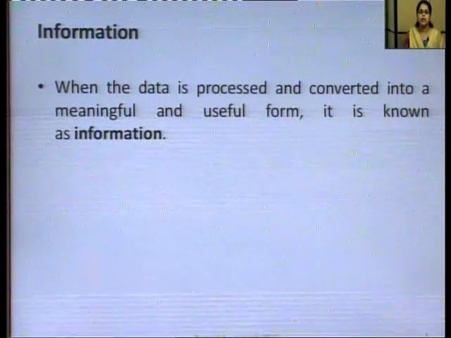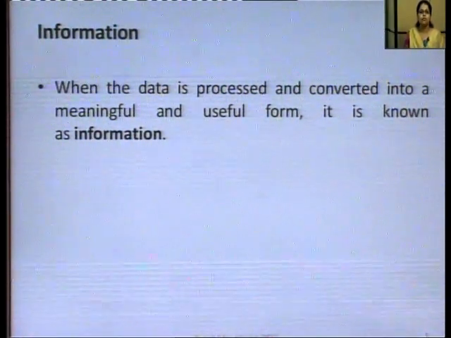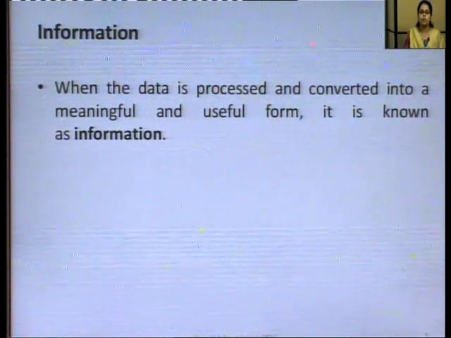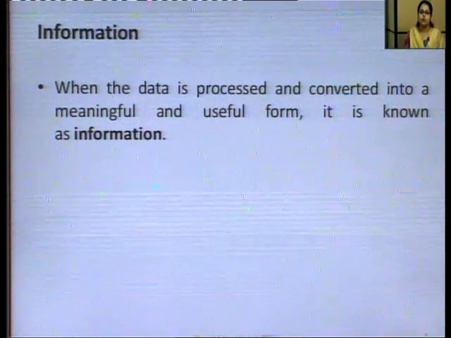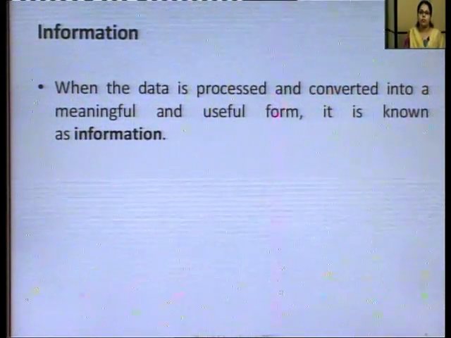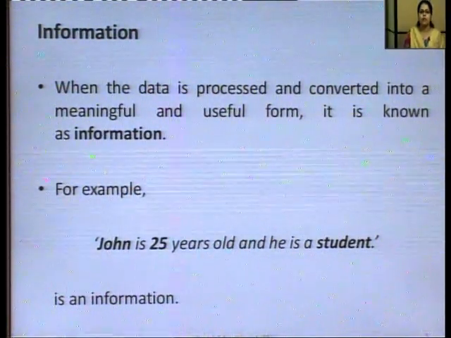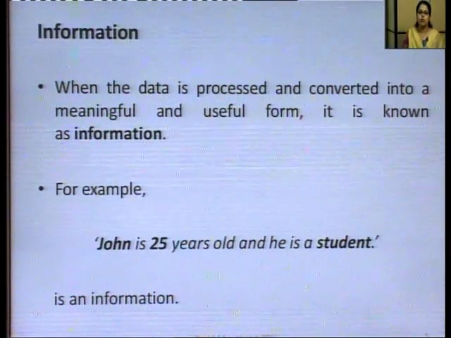Next term is information. When the data is processed and converted into a meaningful and useful form, it is known as information. So what is information? It is the processed form of data which provides us some useful or meaningful information. For example, we were given data, name of a person John, we were given a number 25, we were given a word student.